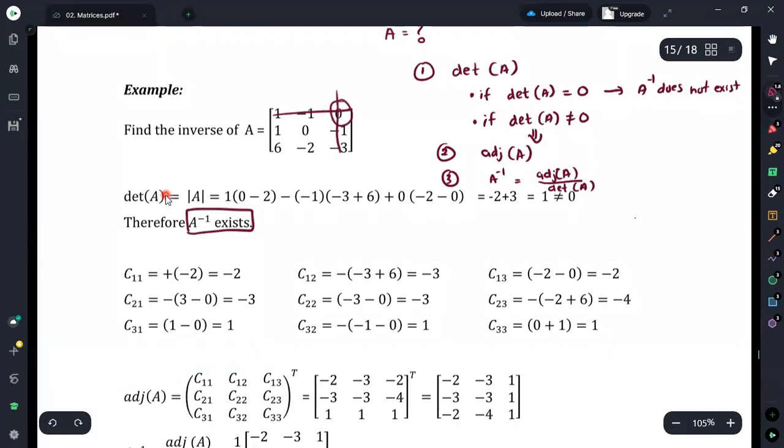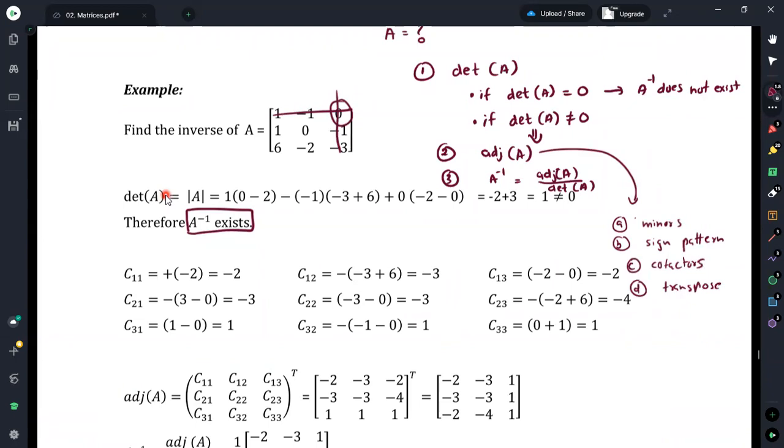To obtain the adjoint matrix, first we can obtain the minus, then we can identify the sign pattern, and thereafter by combining the minus with the sign pattern we can obtain the cofactors and write down the cofactors inside the matrix, and we can take the transpose of that matrix to obtain the adjoint matrix.